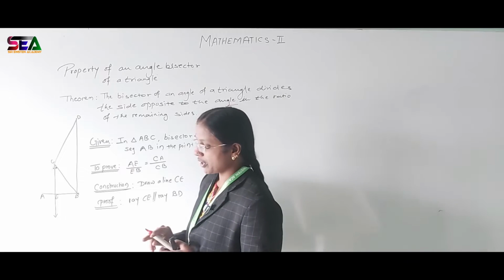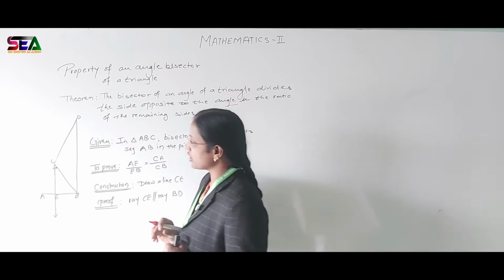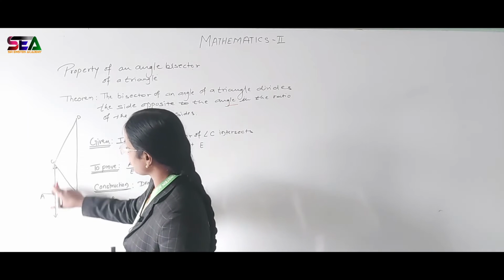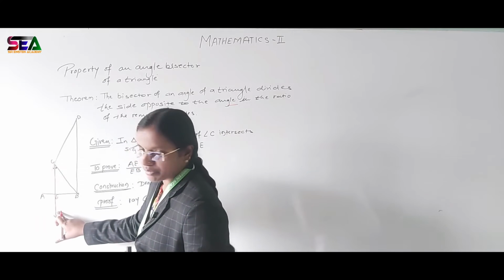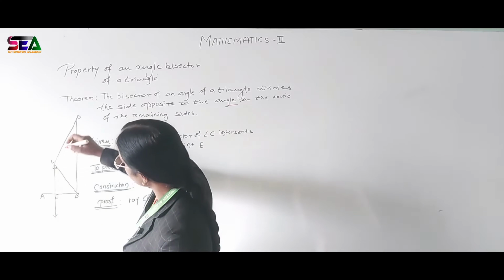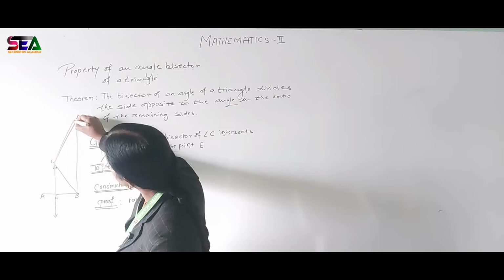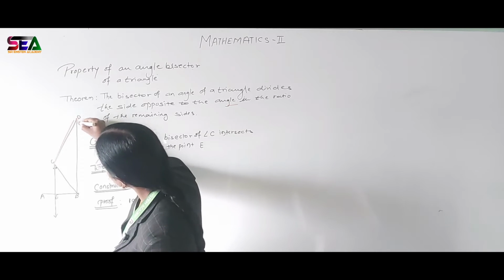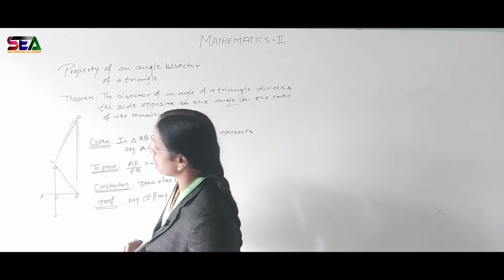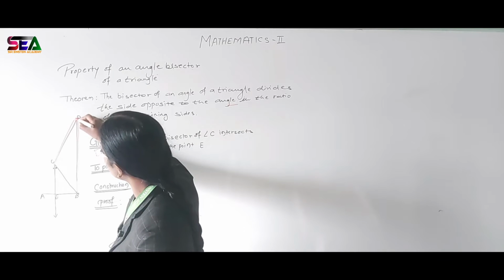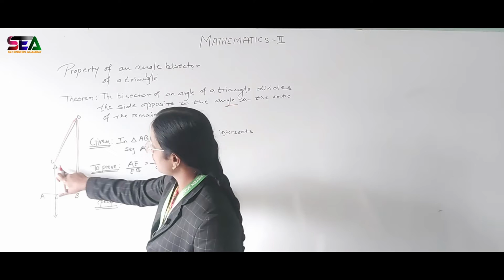Okay, for this we have to do a construction. What construction will we do? We will draw a line CE. We will draw a line parallel to CE, that is this CD, and join this BD. Purposely I am highlighting this again with another marker.